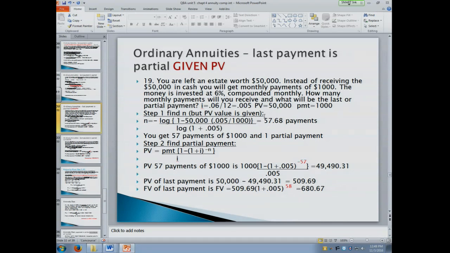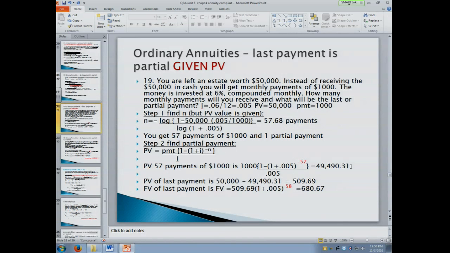So we say, oh, we're going to get 57 whole payments of $1,000, and then one payment less than $1,000. So let's find out what that present value is. Because I gave you the present value of the estate, you have to find the present value of those payments, or the annuity.